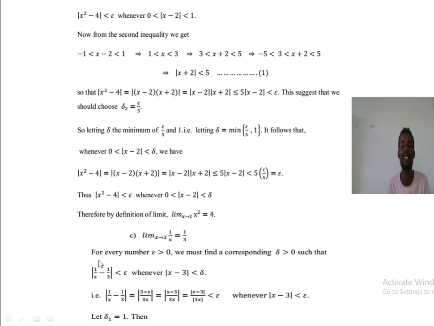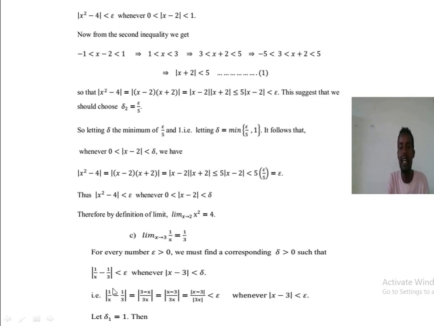So by identifying a, f of x, and L, and applying the definition, we have absolute value of 1 over x minus 1 over 3 is less than epsilon whenever absolute value of x minus 3 is less than delta.